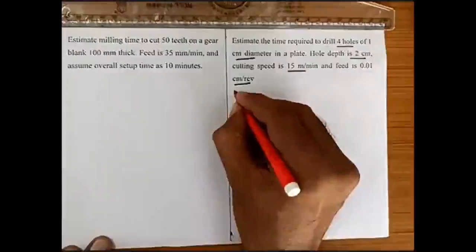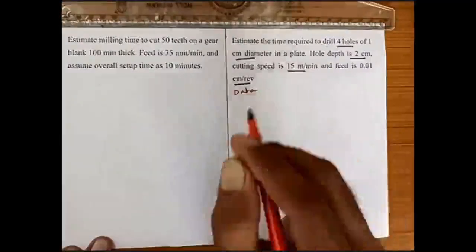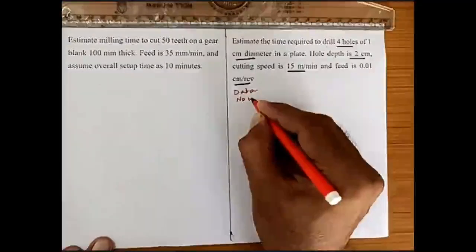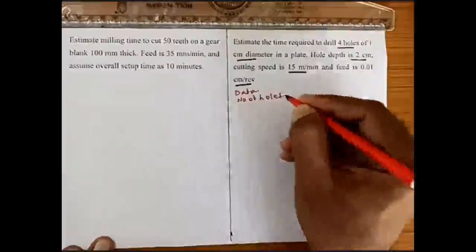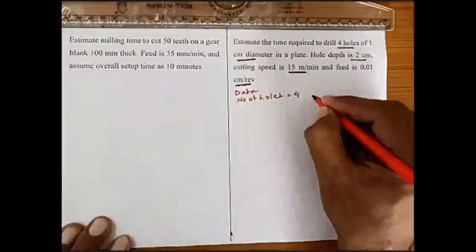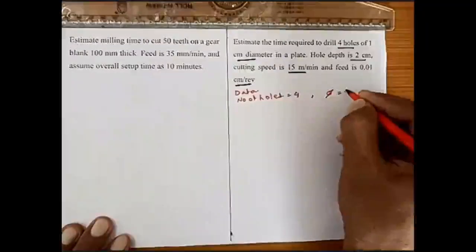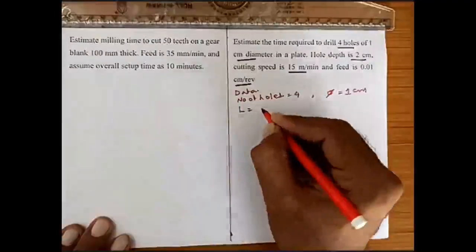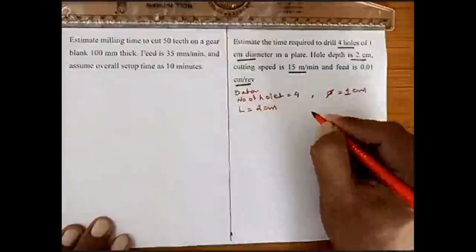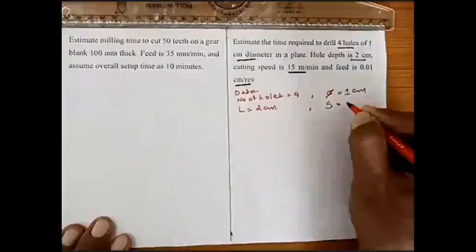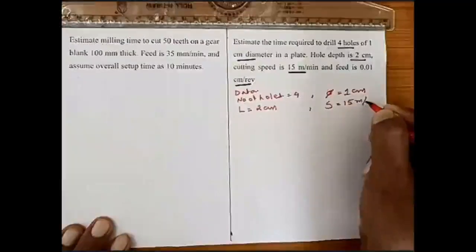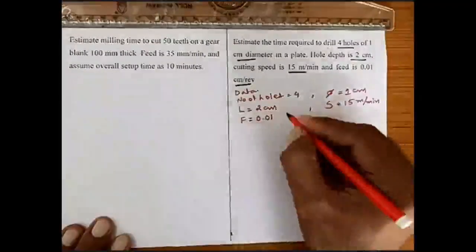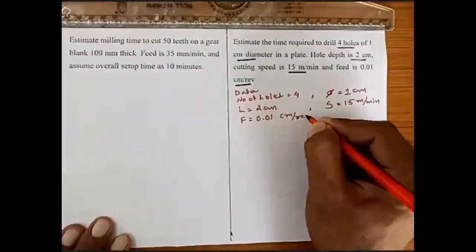So data: number of holes is equal to 4, diameter 1 centimeter, depth L is equal to 2 centimeter, cutting speed S is equal to 15 meter per minute and feed F is equal to 0.01 centimeter per revolution.